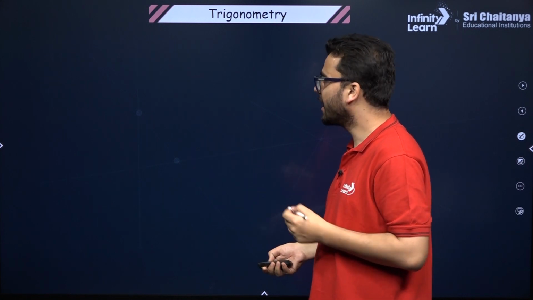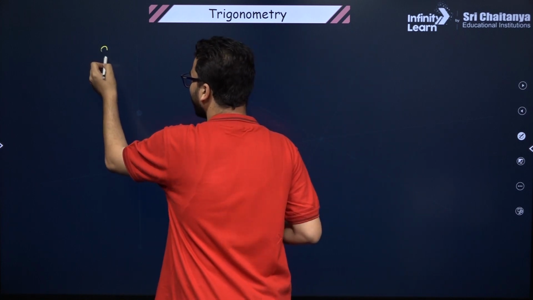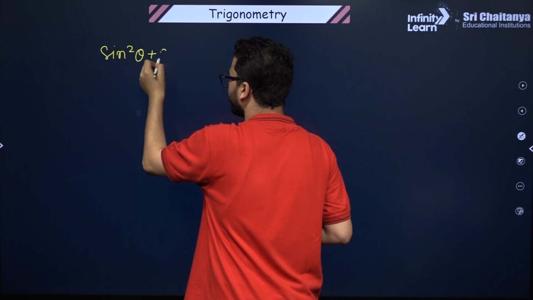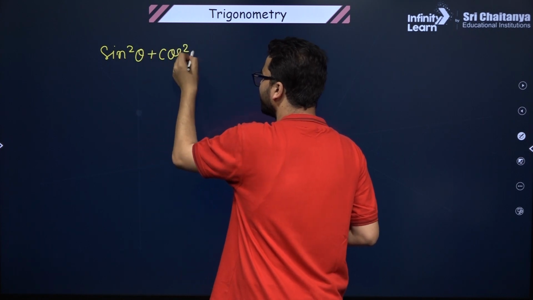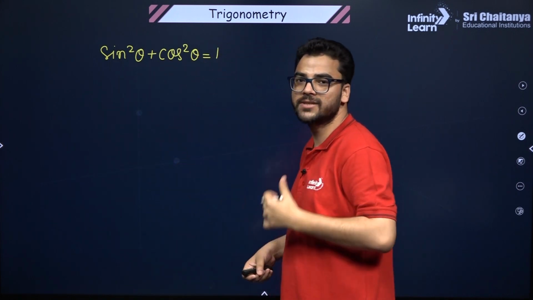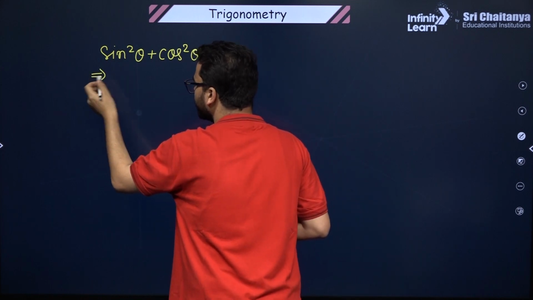Now after this, you have got trigonometric identities. So for any angle theta, sine square theta plus cos square theta is equal to 1. Now basically see, there are some conditions in the next identity, but we are not going into those things. Now over here you can use identities as per your use as well.